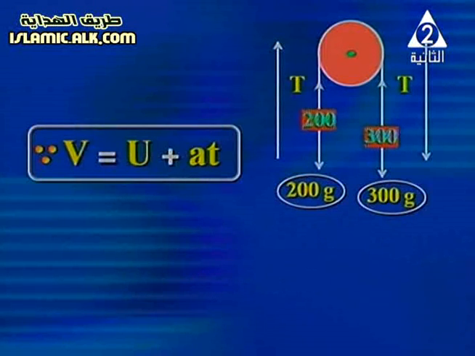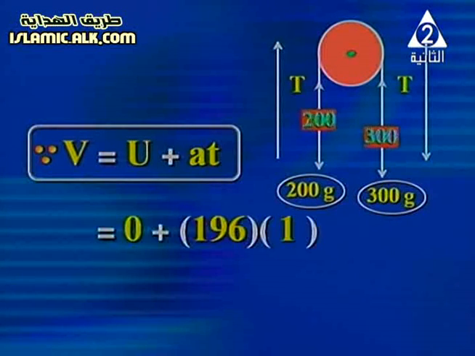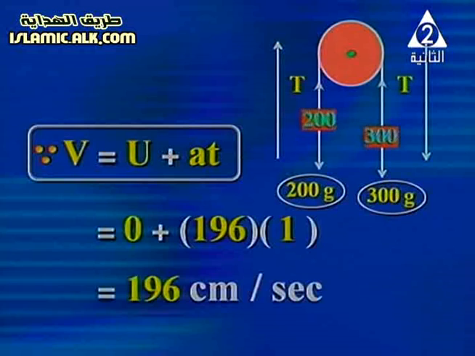Remember, dear student, the first Newton law is v equals u plus at. By substitution, initial velocity equals 0, acceleration 196, and t equals 1. Then v equals 196 centimeter per second.